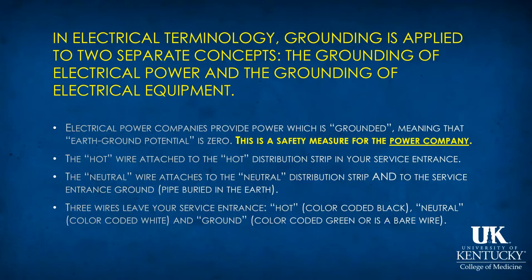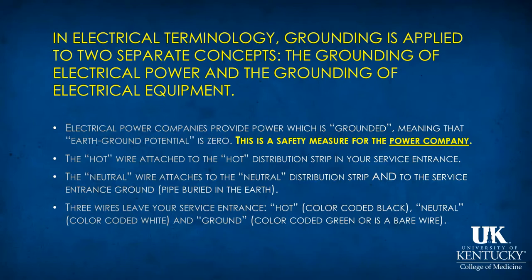Electrical power companies provide power which is grounded, meaning that the earth ground potential is 0, and this is a safety measure for the power company and has been in existence for a long time.